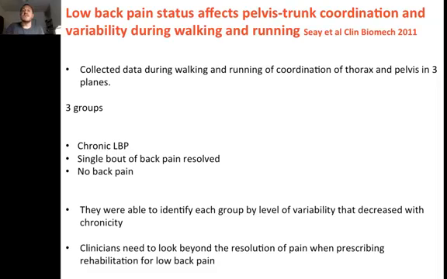But what they did here is they looked at the variability between the two rotations. What they actually found is that between the two groups there wasn't a change in absolute range, but there was a change in the variability between groups. Again, something that I think is quite important. And they suggest that we need to look beyond the resolution of pain when we are thinking about rehabilitation.